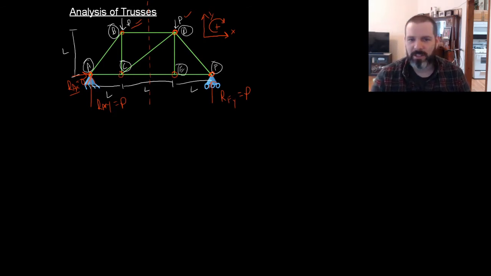I prefer to not separate them because no one actually uses one method to solve a truss. What I want you to do is be able to apply your equations of equilibrium and your section cut and solve a truss. So I'm going to go through this problem and show you how I do it, and I actually apply both methods all the time.